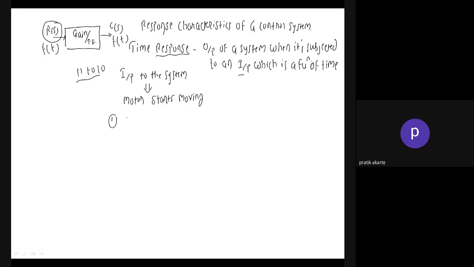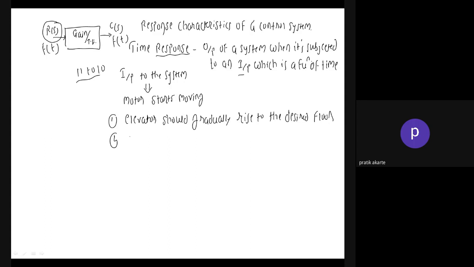The two important specifications are: the elevator should gradually rise to the desired floor. That is the one requirement.